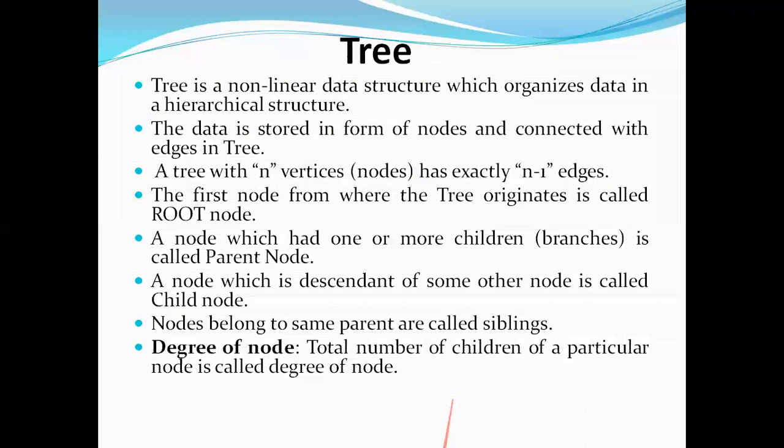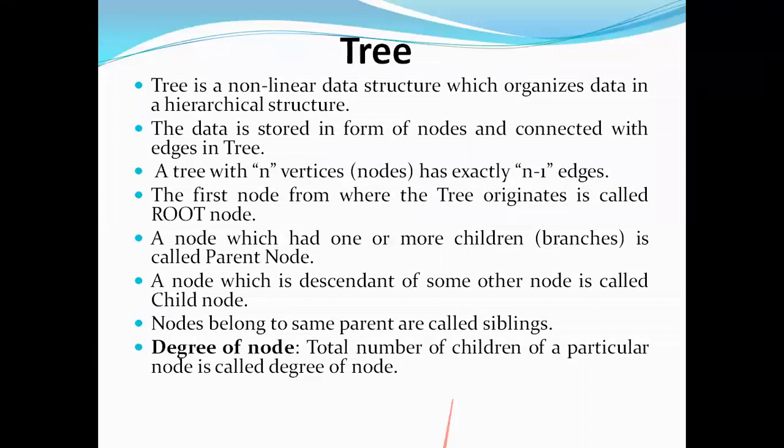The first node from where the tree originates or starts is called the root node. So a tree always starts from the root node. Whenever we draw a tree, we always mention the first node as the root node. The node which has one or more children or branches is called the parent node.